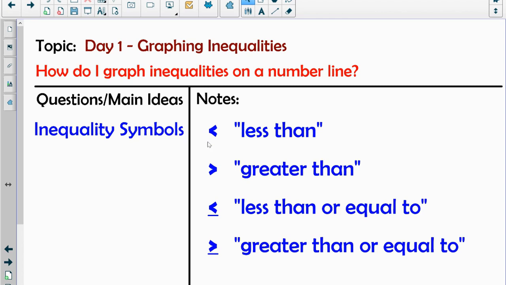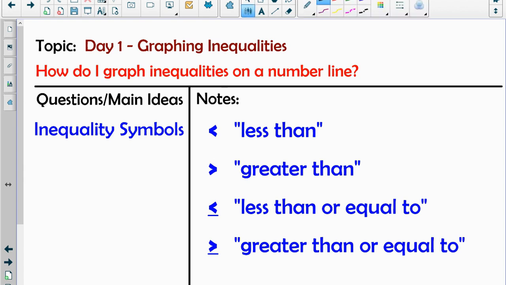We have the less than symbol, which is the one that is angled pointing to the left side. I know a lot of times you're kind of trained to think about whether it's the Pac-Man trying to eat the bigger number or the alligator trying to eat the larger number. We want to think of this as the pointy side is on the left-hand side. It's like the end of an arrow.